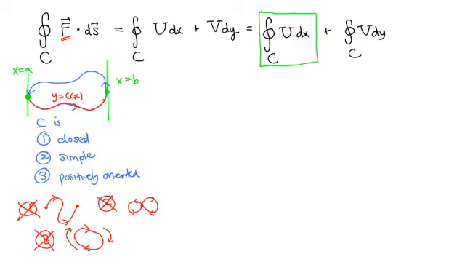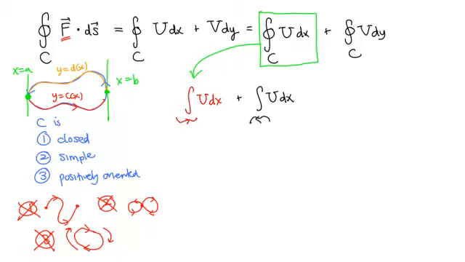And let's say that the top part of our contour right here is the graph of some other function, y equals d of x. That means that this integral over a closed contour could be broken apart into 2 smaller non-closed contours. There's the integral over the bottom piece, u dx, and then there'll be the integral over the top piece, u dx. And so we can attack this as 2 separate non-closed line integrals.